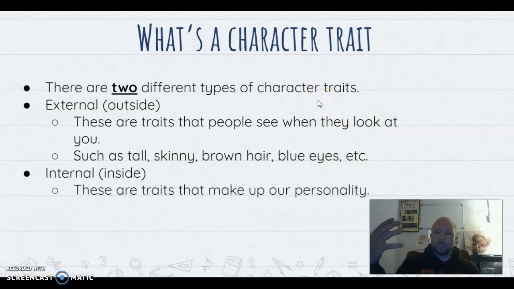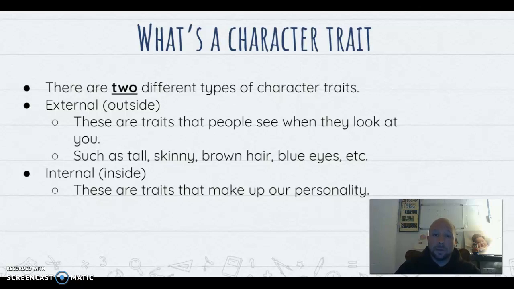External, other people can just look at you and they know your external character traits, whereas your internal character traits, unless you show them by your actions or what you say, they won't know your internal character traits. And if they try to, then they're just judging you. So, that's another conversation.